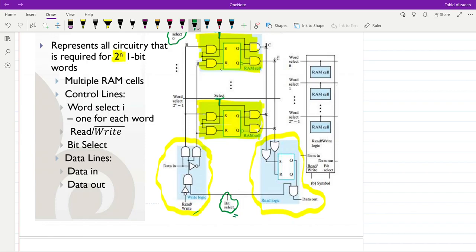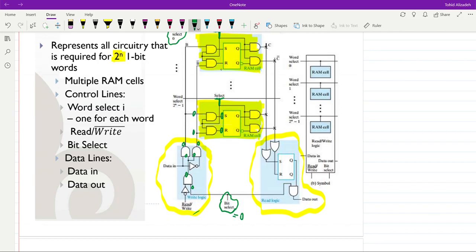If bit select is set to 0, we will have 0 here. The output of this AND will be 0. The input to these ANDs will be 0, and therefore the output from these AND gates will be 0. And then we can see that the B and not B inputs to the AND gates will be equal to 0, and therefore the output from these AND gates will also be equal to 0, and as a result the content of the memory will not change. It will remain the same.